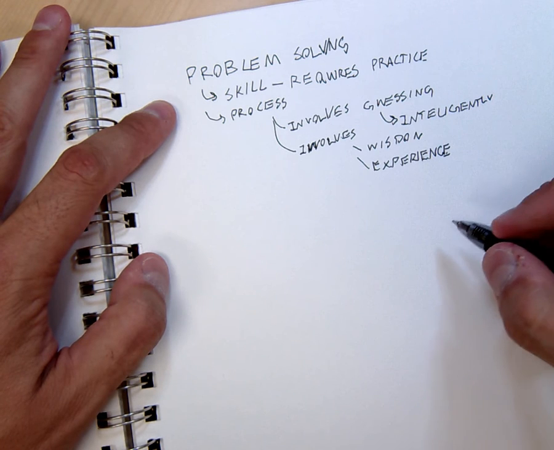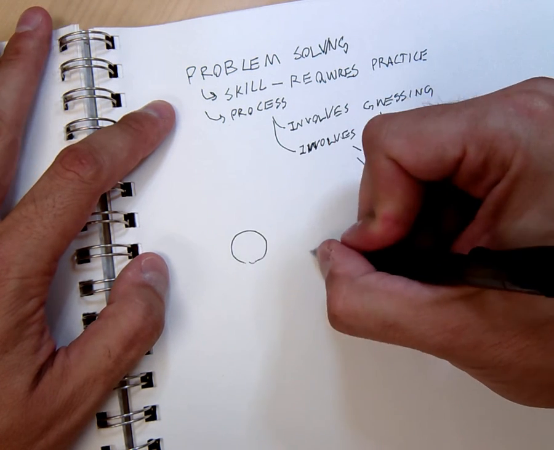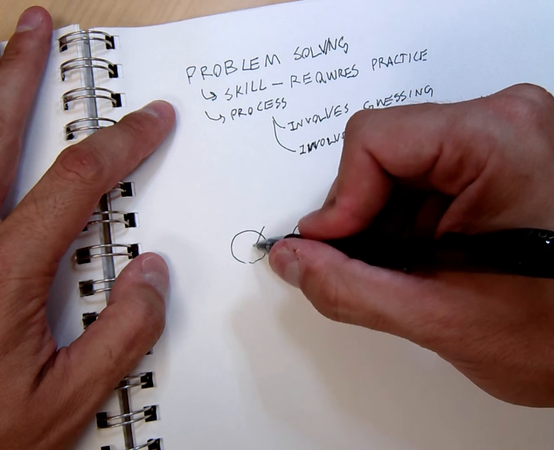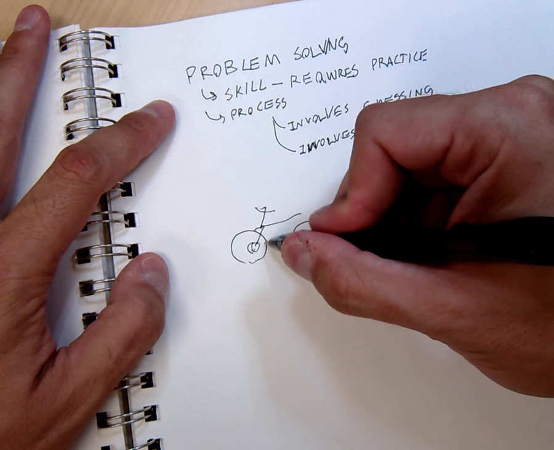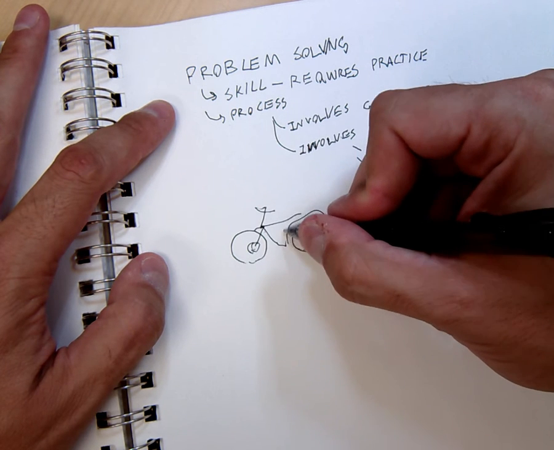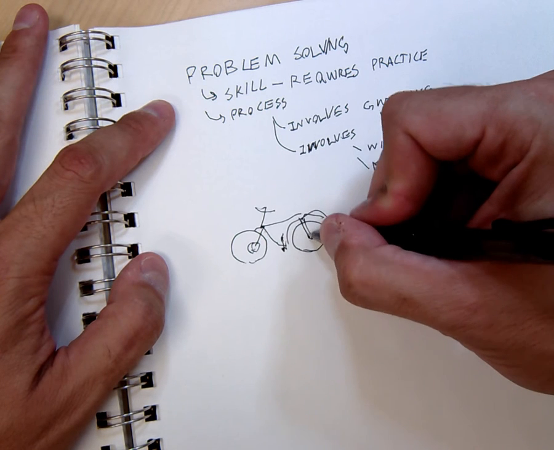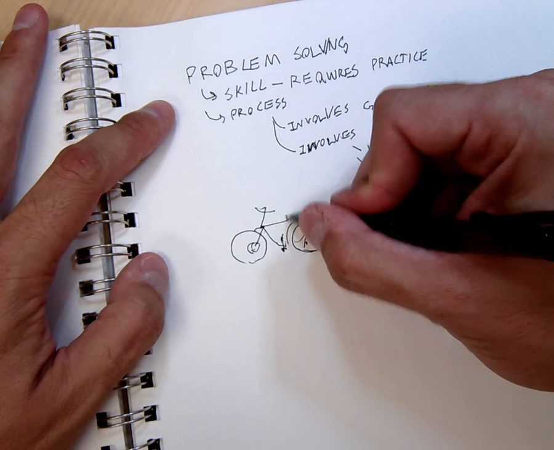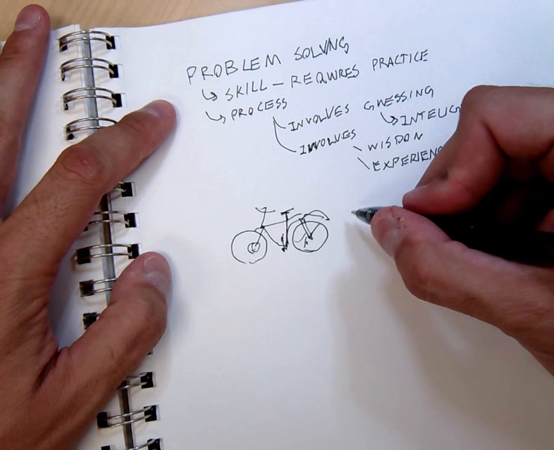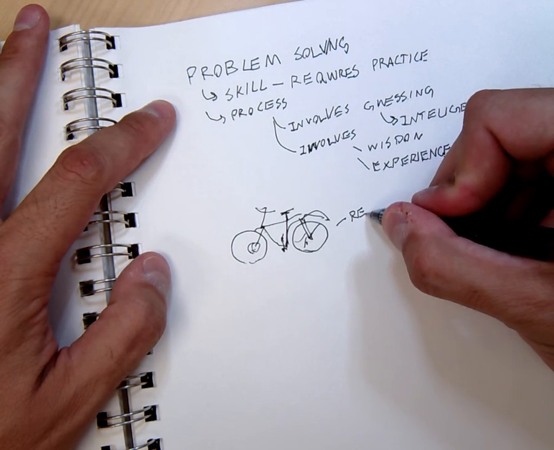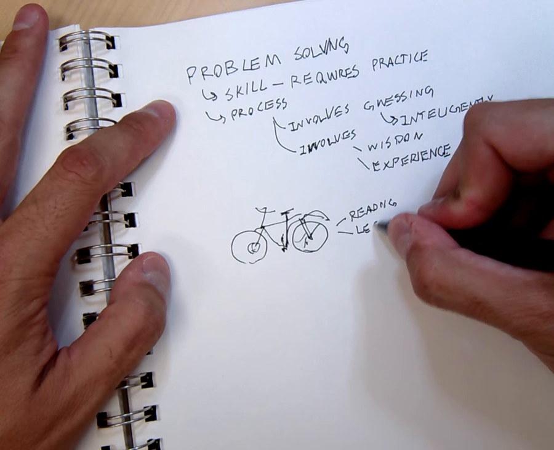And the idea here is you don't get to be able to ride a bike. What does a bike look like? Something like this, pedals. There's my wonderful bike. You didn't get to be able to ride a bike by reading or attending a lecture.